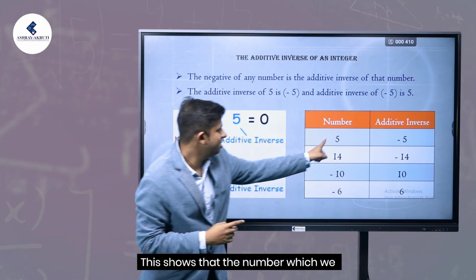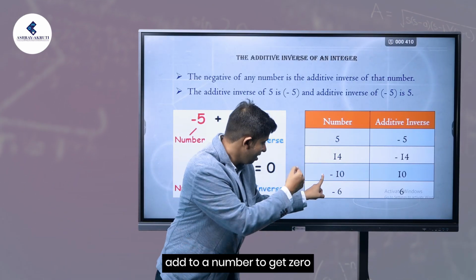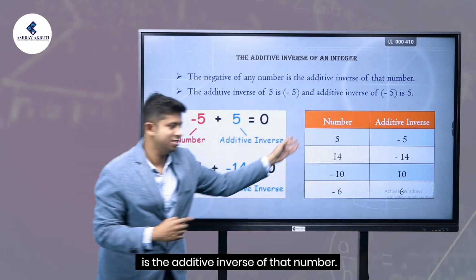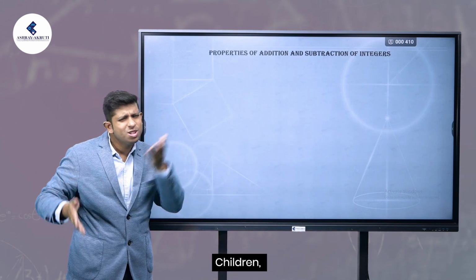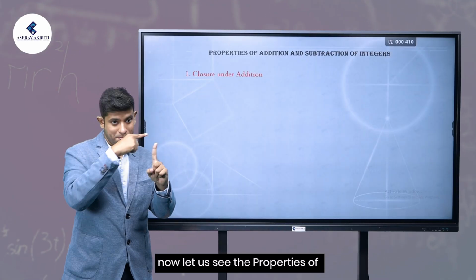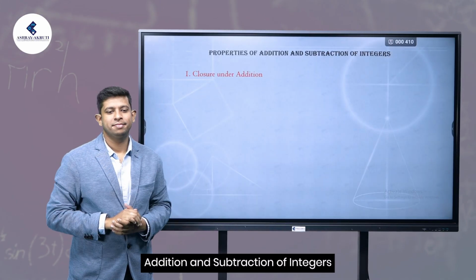This shows that the number which we add to a number to get 0 is the additive inverse of that number.